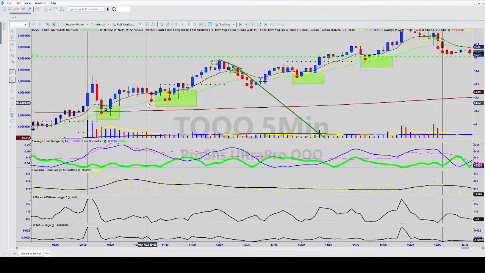Hmm. Hammer, hammer, hammer. It's a bear. This one's a bear.